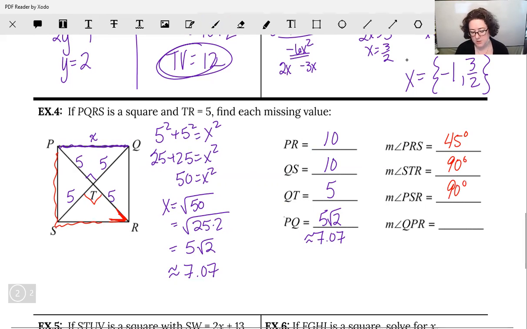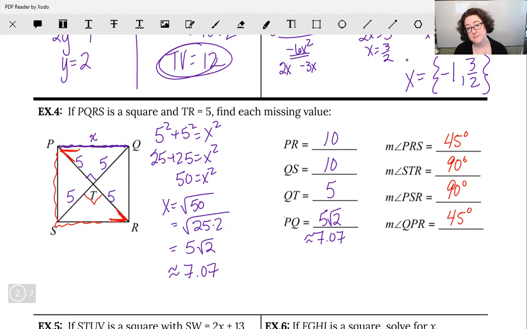And then angle QPR. So again, follow it along. QPR is part of a corner angle, not an entire corner angle, so it has to be 45 degrees. Everything is 45 or 90 degrees if you're dealing with a square. That's the only one that's divided up so perfectly like that.